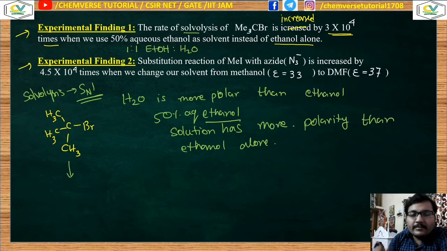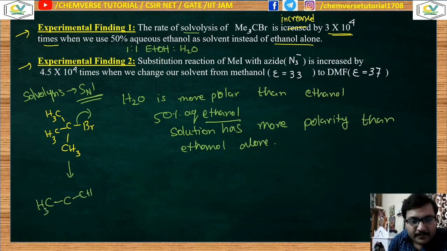So for the SN1 mechanism, the most important step is the formation of a carbocation intermediate. From here I can say that this leaving group bromide goes away from the system, thereby producing this kind of carbocation, and this is the leaving group itself.